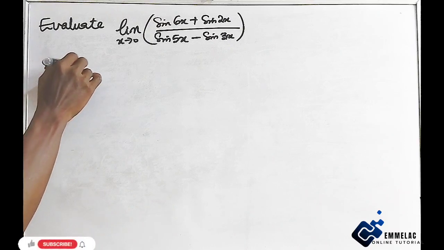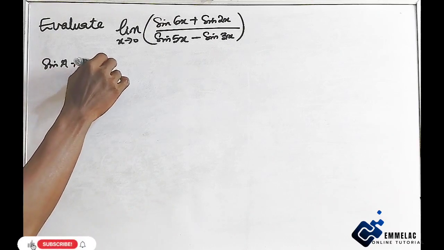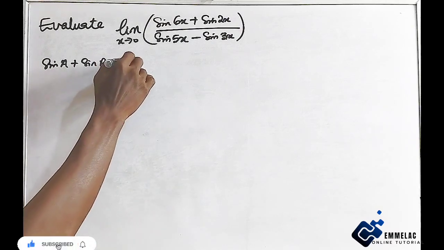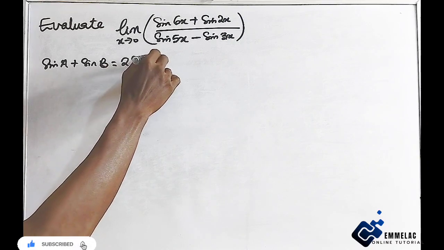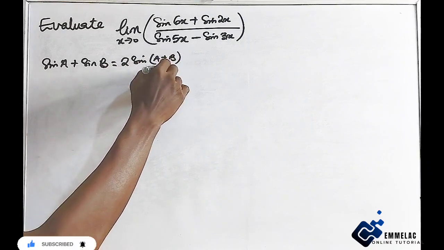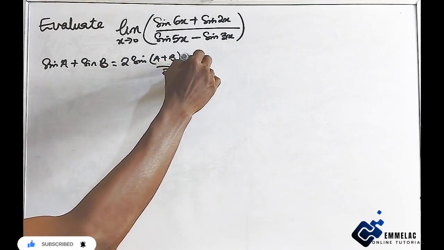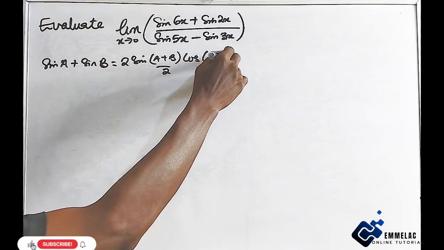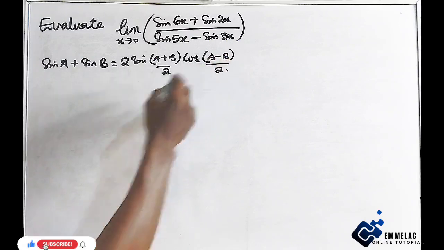sin A + sin B gives us 2 sin((A + B)/2) cos((A − B)/2).